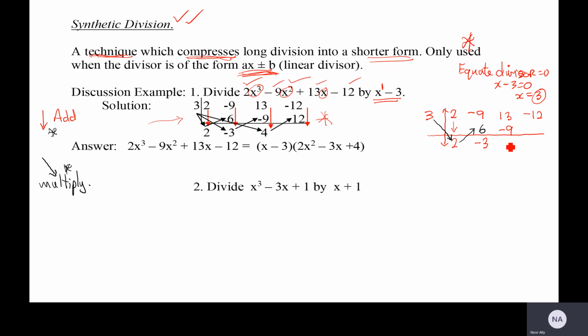You add 13 minus 9, that gives you 4. Then you multiply 3 times 4, that gives you 12. -12 plus 12 gives you a 0. Therefore, where do these values go? Well, very easy. You've got 2x cubed minus 9x squared. Remember, this is the dividend.